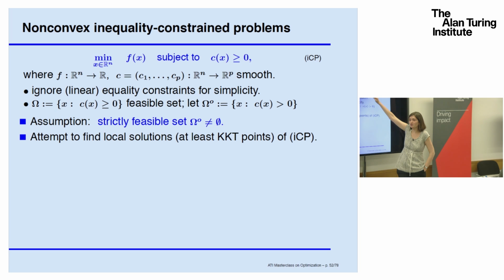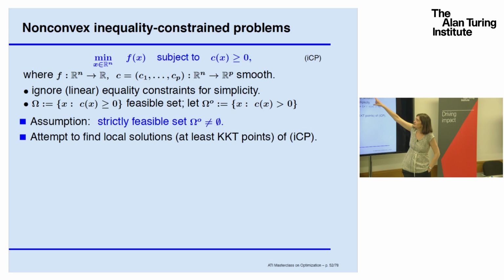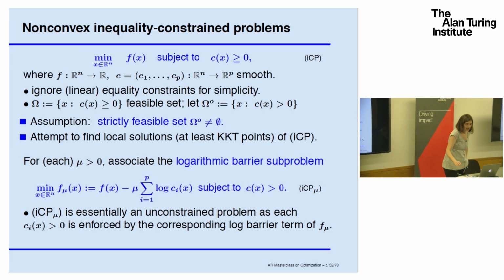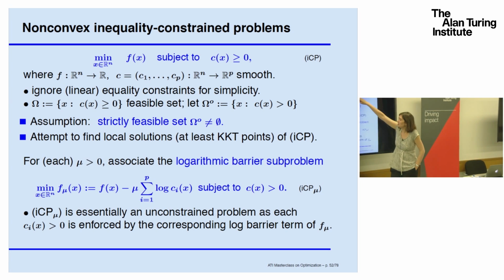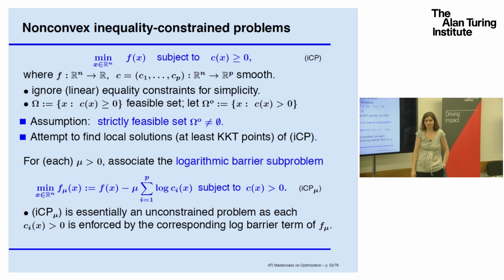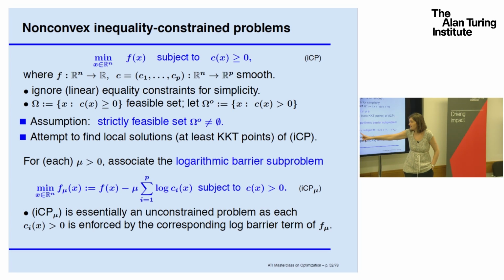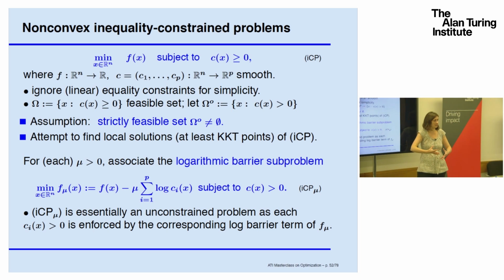So we are going to try to stay feasible, with the idea that I don't want to get into this combinatorial business of what constraints are active. This will also make my problem essentially unconstrained. But how will I do this? I'm going to put each of these inequality constraints into a log term, as c_i of x inside my domain is positive.